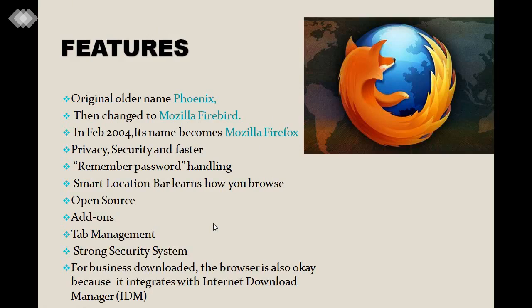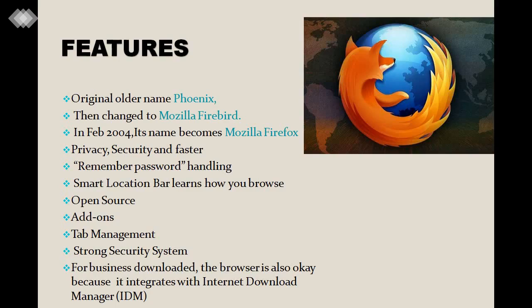So let's move on to some features of Mozilla. Its older name was Phoenix, and it changed to Mozilla Firebird. In February 2004 it became Mozilla Firefox. Its main features are privacy, security and speed. Remember password handling. Smart location bar learns how you browse.